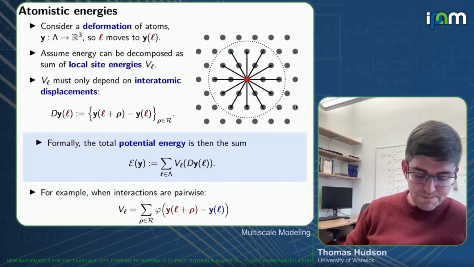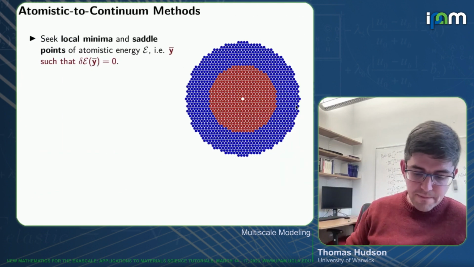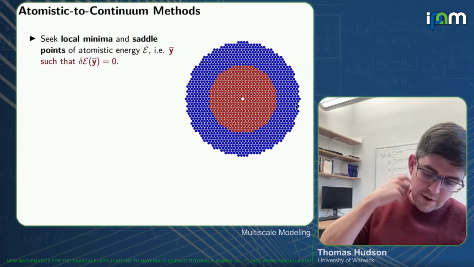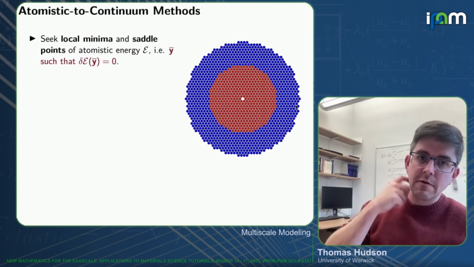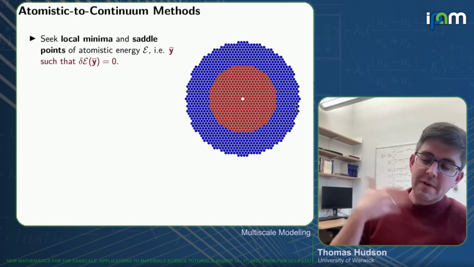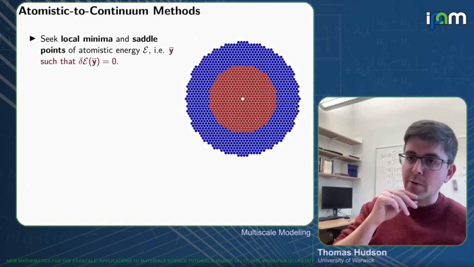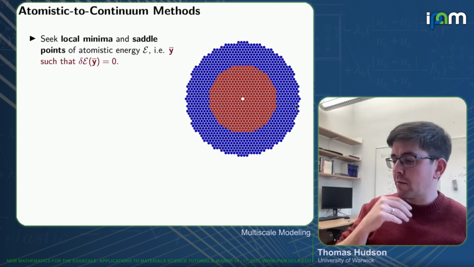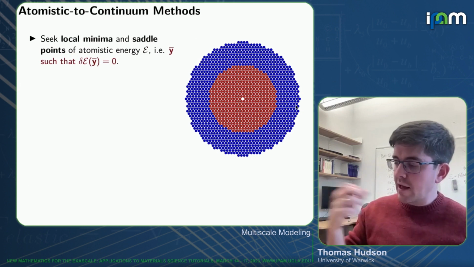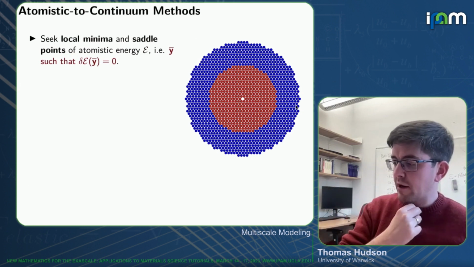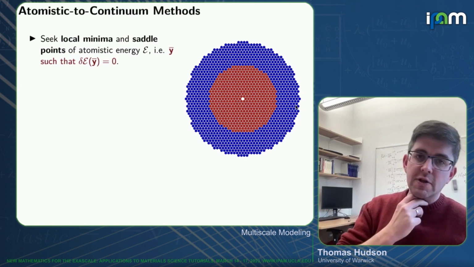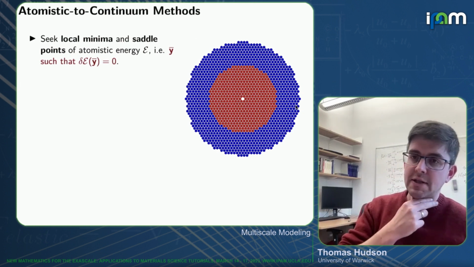Okay, and this is, at least perhaps not how it's implemented, but it's certainly the philosophy behind how you compute energies in molecular dynamics. Okay, so I'm going to talk about molecular statics now. We'll come to dynamics a little bit later on, but I'm going to talk about molecular statics because typically when we're trying to identify mechanisms for what's going on in atomistic models, we're interested in local minimizers and saddle points.